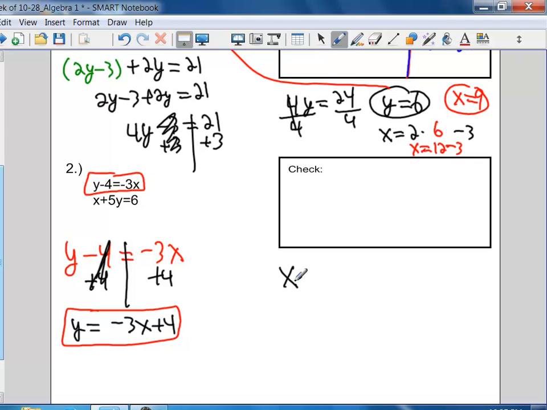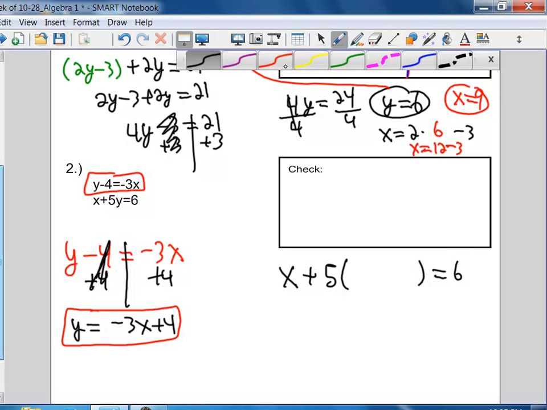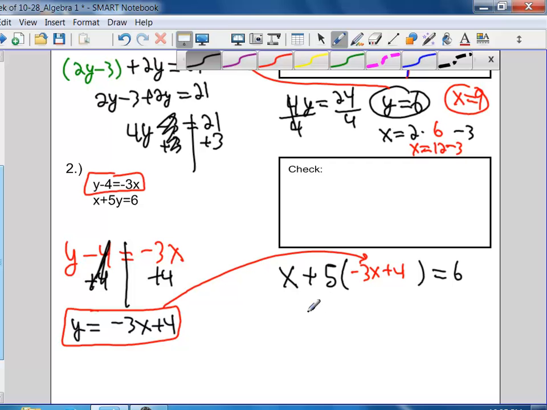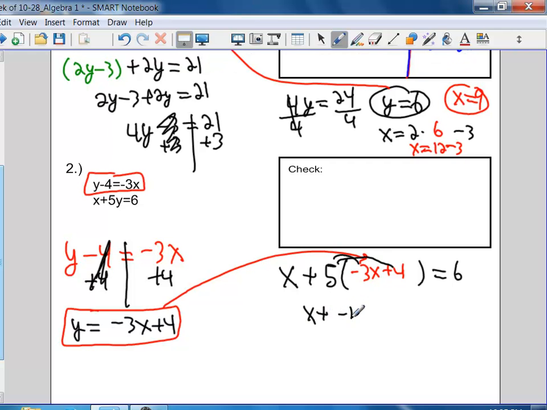We're going to rewrite the bottom equation, but however, when we see y, we are not going to write y. We're going to write exactly what y equals. Well, y equals negative 3x plus 4. Notice, that basically went here. And now we just go ahead and solve. So we have x plus, this is a distribute, so negative 15x plus 20 equals 6.